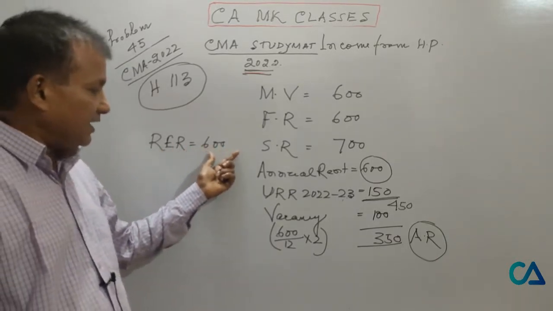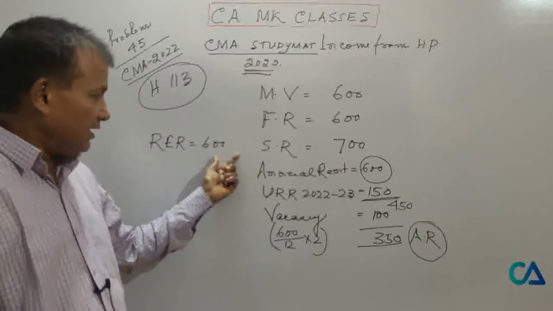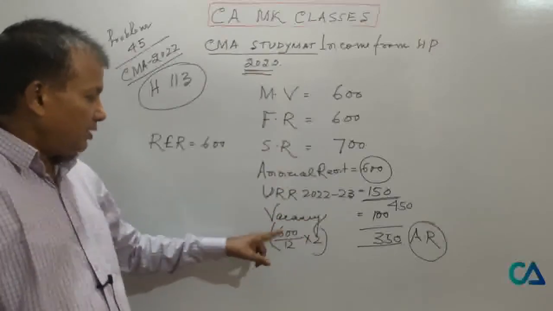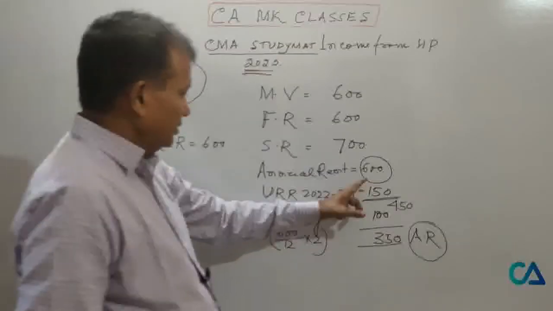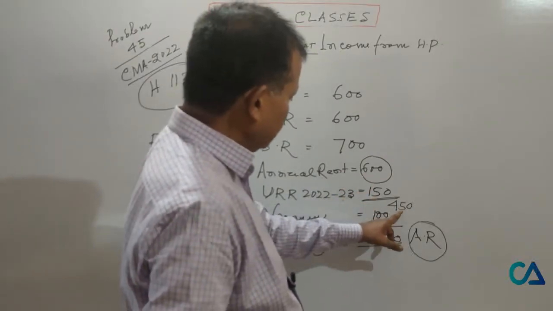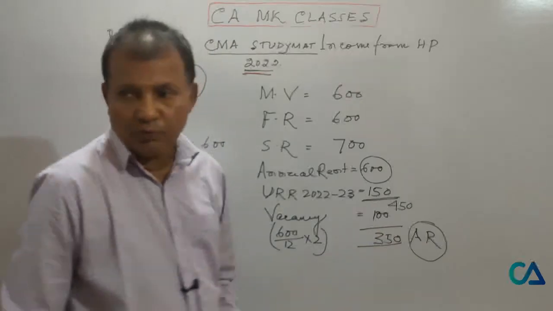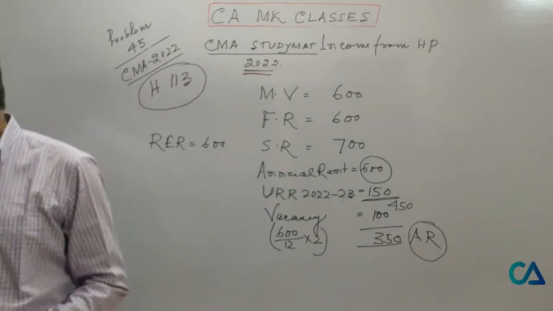Now reasonable expected rent is 600 and your actual rent is 600 minus 150, it comes to 450.